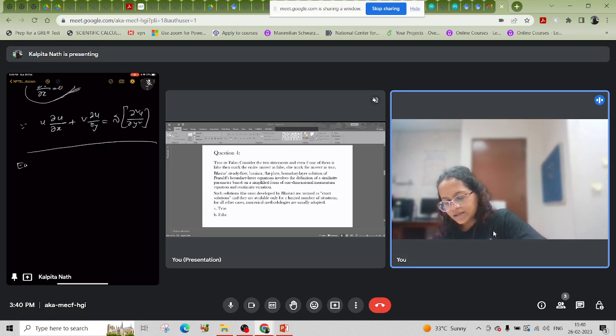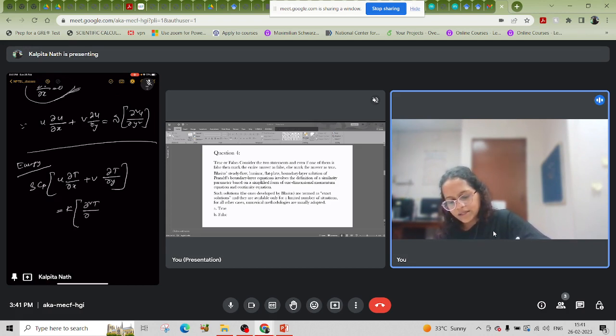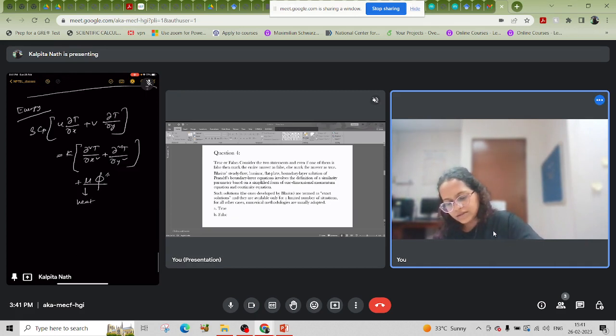Similarly, the energy equation will be rho Cp (u del T/del x plus v del T/del y) is equal to K (del square T/del x square plus del square T/del y square) plus mu phi.